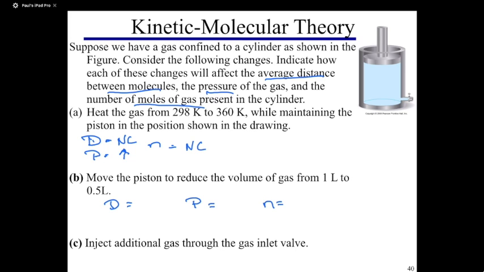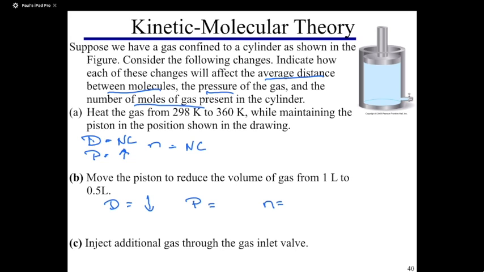If I move the piston to reduce the volume in half, what happens to the distance between the molecules? Does it go up, go down, or is there no change? Distance will go down because I'm compressing everything. What happens to the pressure, though?